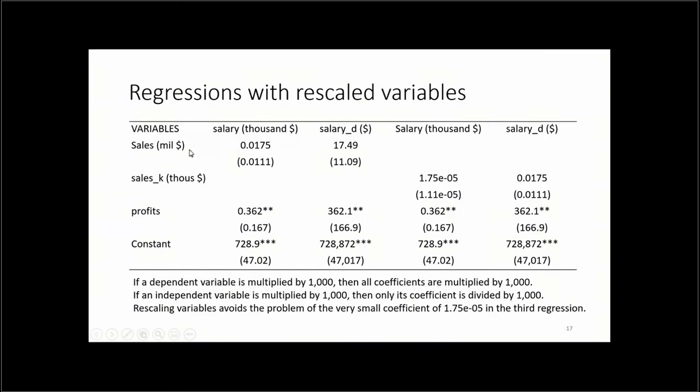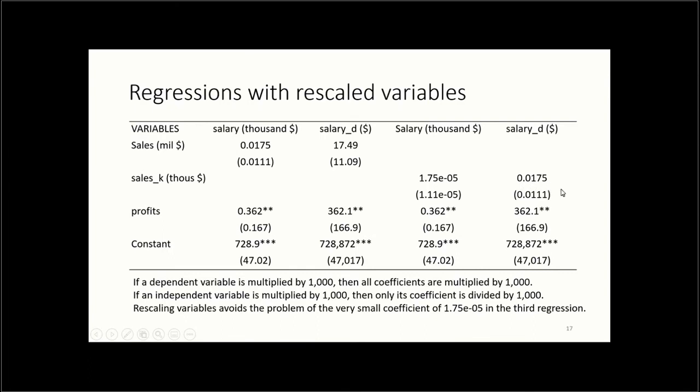So here the independent variable got multiplied by 1,000, so its coefficient gets divided by 1,000. Same thing here. If the independent variable gets multiplied by 1,000, then the coefficient gets divided by 1,000.